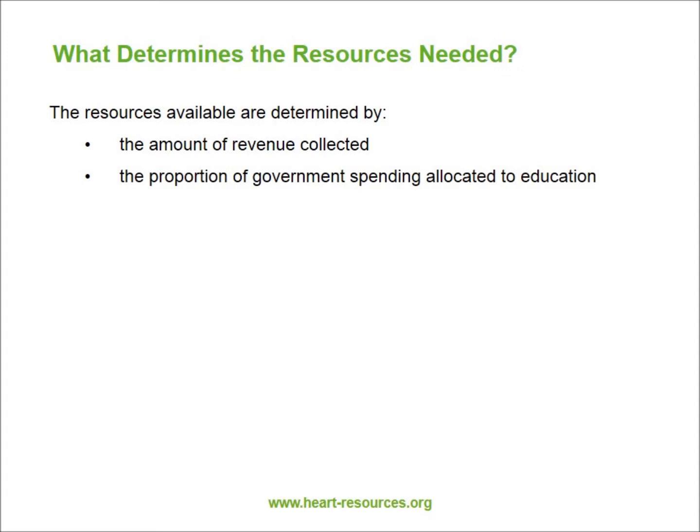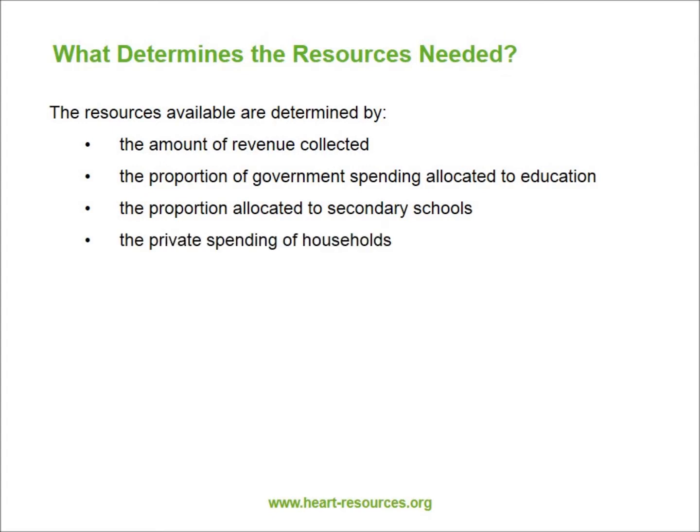It depends on how much of that is allocated to the education system as a whole, and within that how much is allocated to secondary schooling as opposed to other subsectors. It depends also on the amount of private spending from households which complements that which is provided by the state.